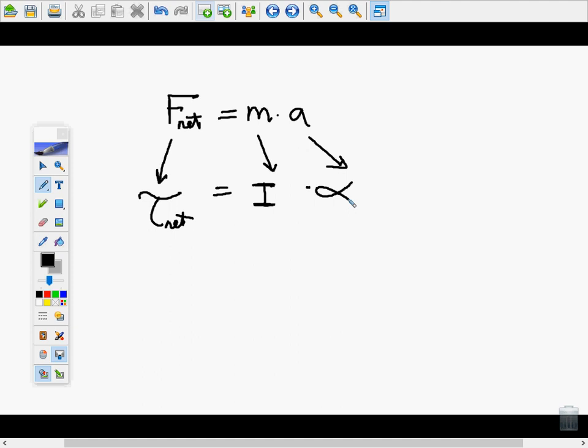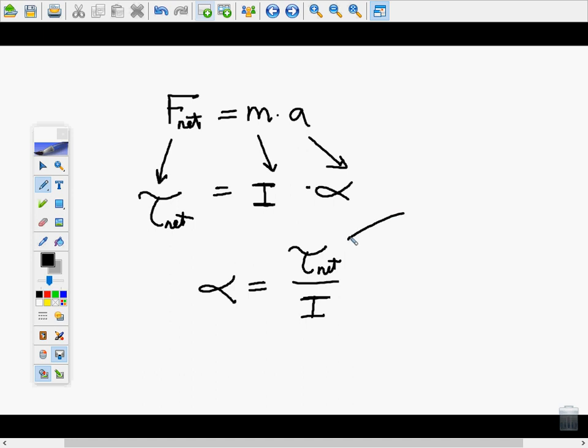And if you solve that for alpha, that answers the question. What would it be, Dan? Torque net divided by moment of inertia. So these are the two factors that affect the rate at which an object is speeding up its spinning rate.